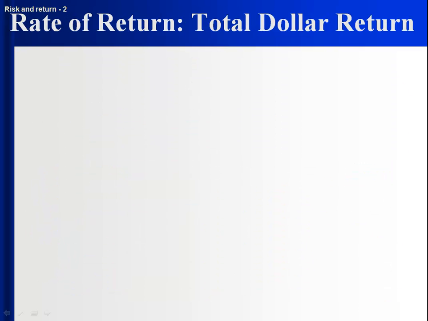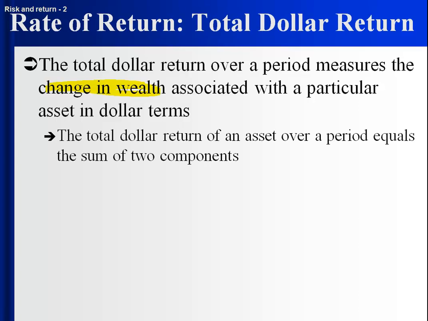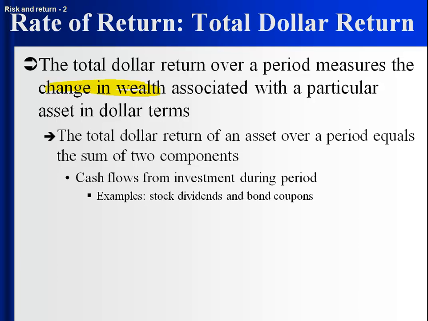So a review on total dollar return. Remember, total dollar return captures your change in wealth in terms of dollars associated with a particular asset. And there's two components of that. The first is the cash flows from the investment. So if it's a stock, it pays dividends. If it's a bond, it pays coupons, or it may pay those. But that is if they're going to pay cash, those are the forms.